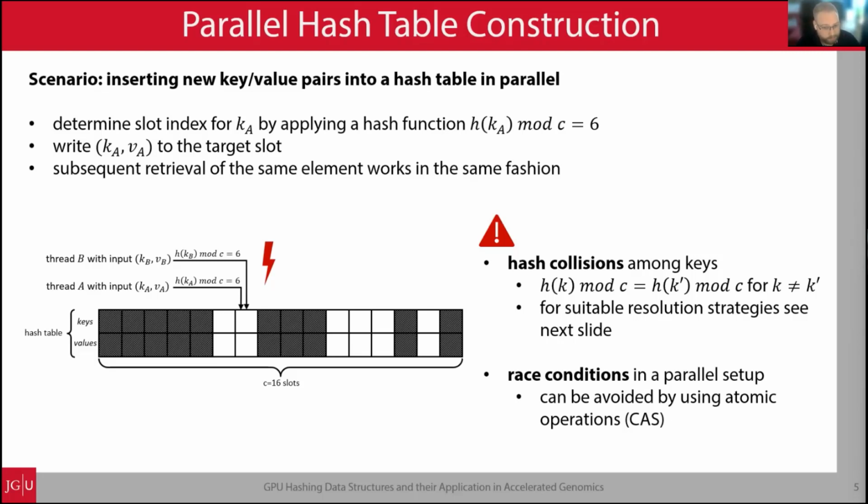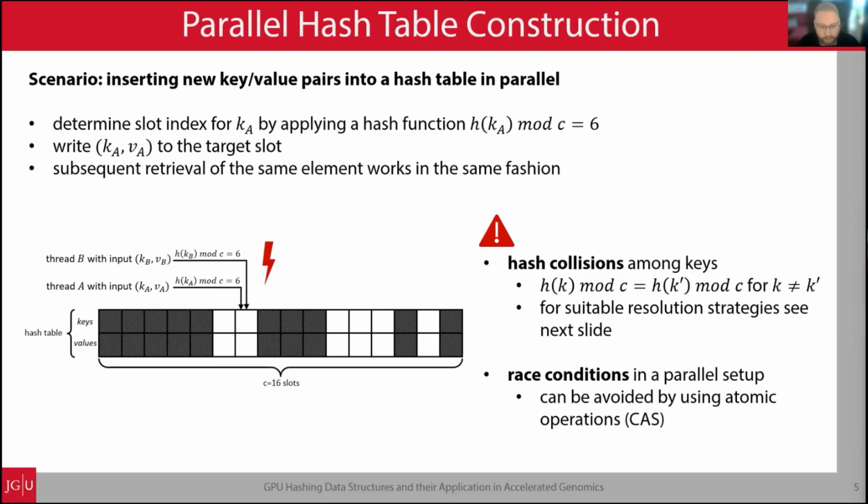Also, if we think of a multi-threaded setup, multiple threads may write to the same slot concurrently, resulting in a race condition. In order to circumvent such illegal states, we make use of atomic instructions, namely compare-and-swap operations here.